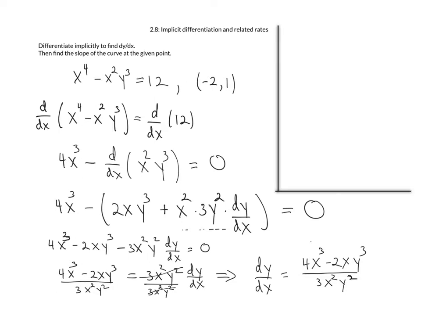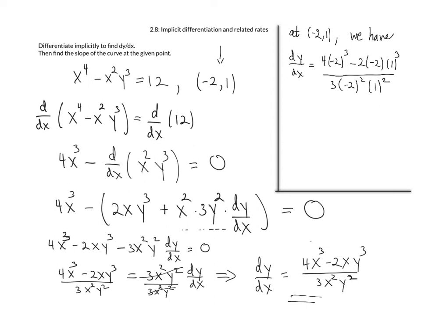Okay, so in this little box on the right, I'll finish with the second part of the problem, which asks us to find the slope of the curve at the given point. So all we have to do is plug the coordinates of this point into this formula down here.